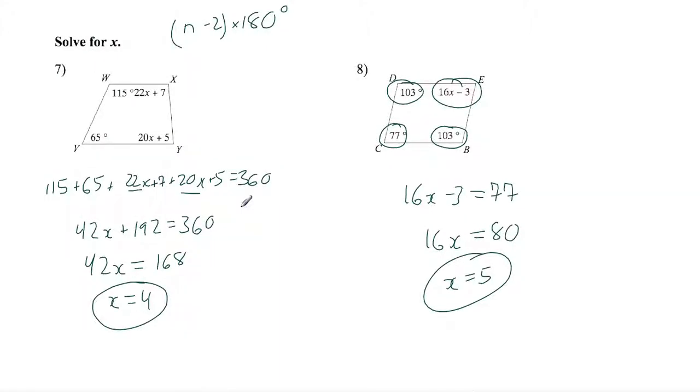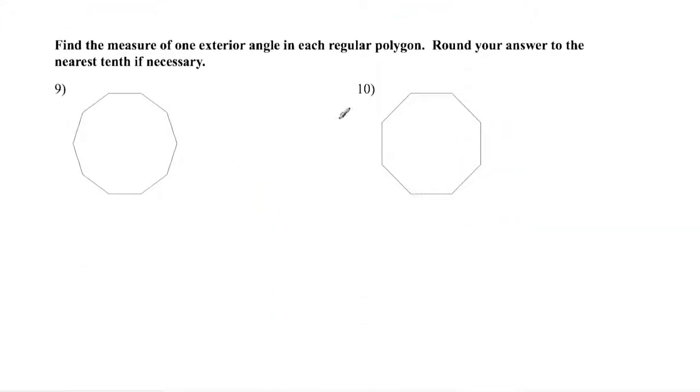All right, number 9 and 10, we're looking for the measure of one exterior angle. Inside of regular polygons, all of the exterior angles add up to 360 degrees. So if we want to find one, we just have to divide it by how many angles or how many sides there are. So here I have 1, 2, 3, 4, 5, 6, 7, 8, 9, 10. 10 sides.